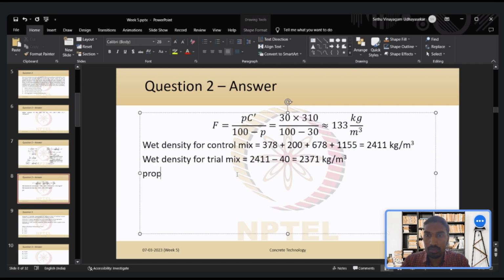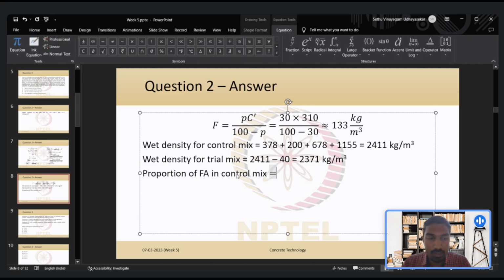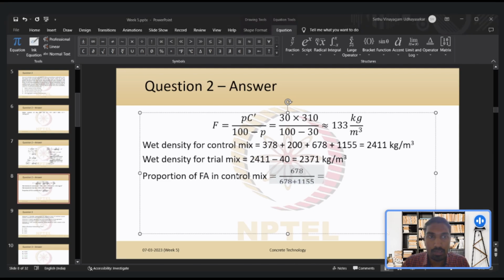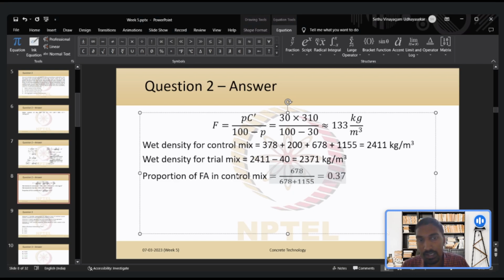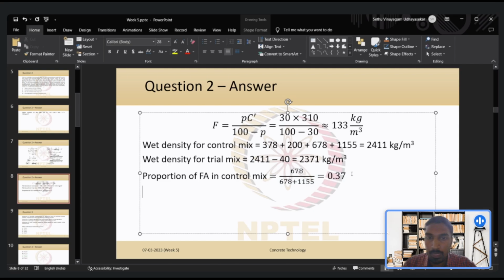That is 678 divided by the total aggregate content, 678 plus 1155, which is approximately 0.37. So 37% of the aggregate volume is taken up by the fine aggregate alone, and the rest, 63%, is by the coarse aggregate. This is in the control mix, and the same proportion will be there in the new mix as well.